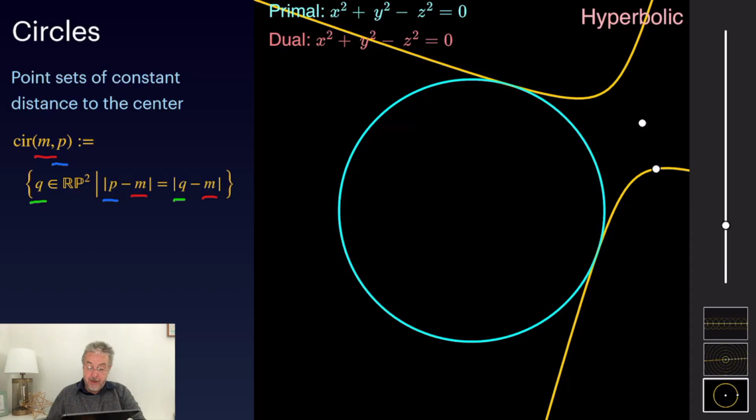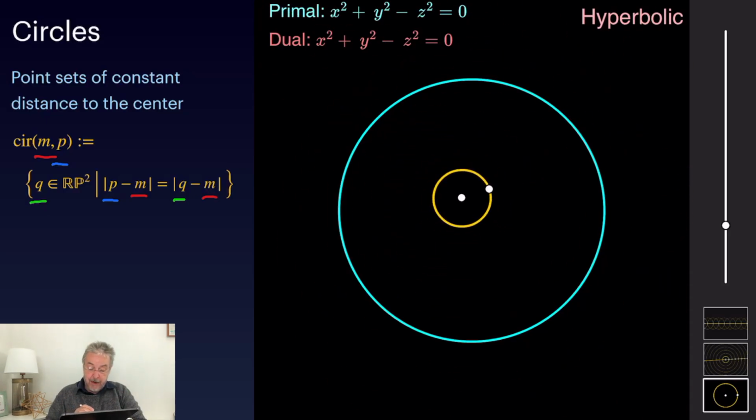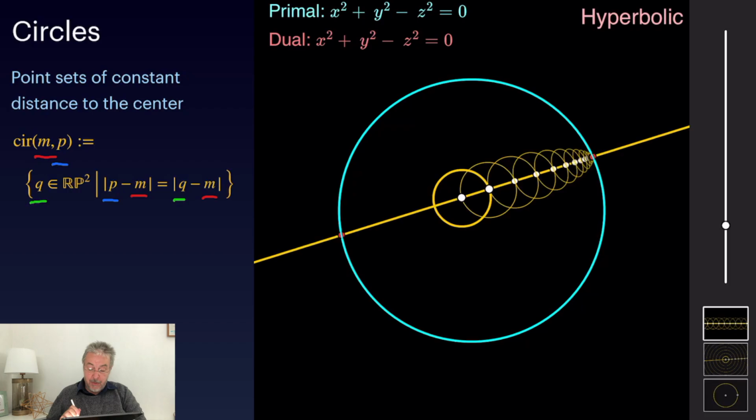So let me move these points to the inner part of the circle again, and let's now make the next experiment, and let's make walking in unit steps. So walking in unit steps can geometrically nicely be constructed by a chain of circles.